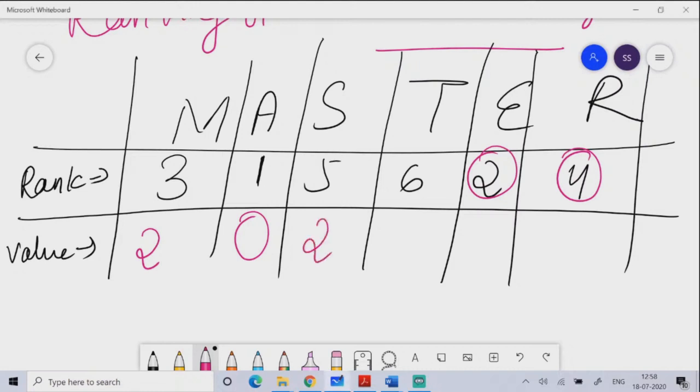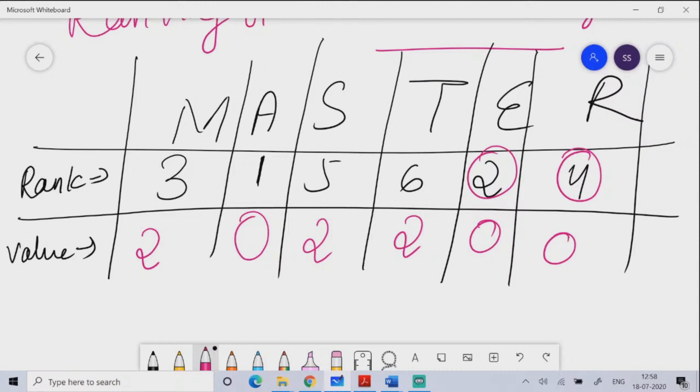Two numbers, 2 and 4. Then the right hand side of 6, how many numbers are less than 6? Again two numbers. Then the right hand side of 2, how many numbers are less than 2? None. Then 4, which is anyway the last number, so none.